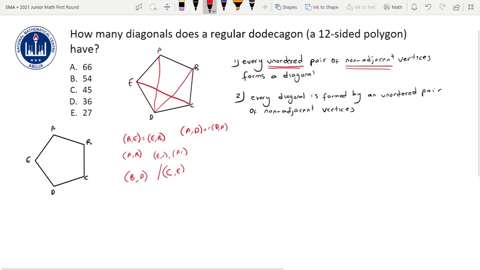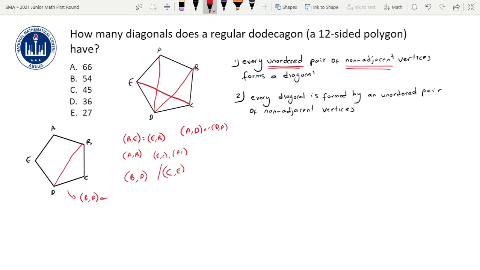So let's say we pick a random diagonal in this shape, this diagonal here marked in red. Notice that at the ends of this diagonal, you have the vertices B and D. So this is an unordered pair of non-adjacent vertices.